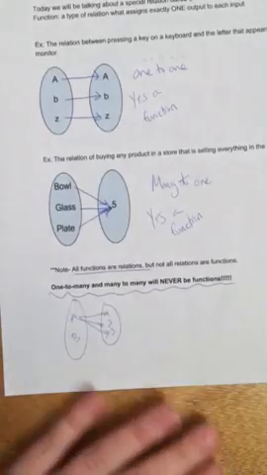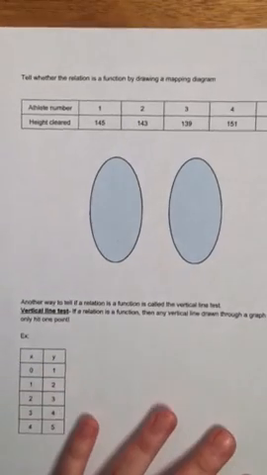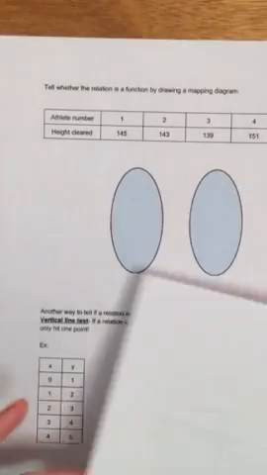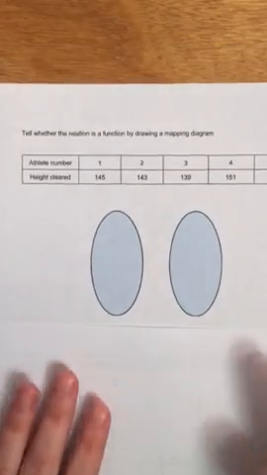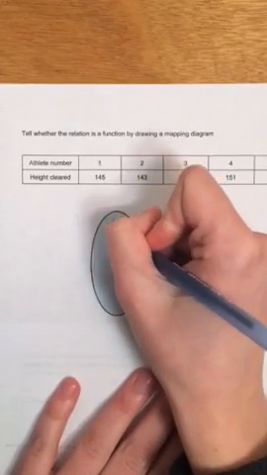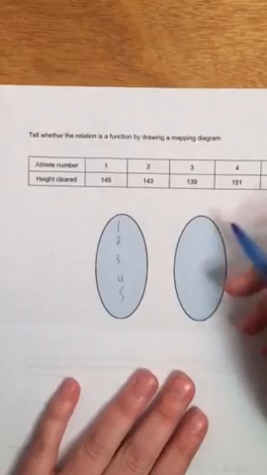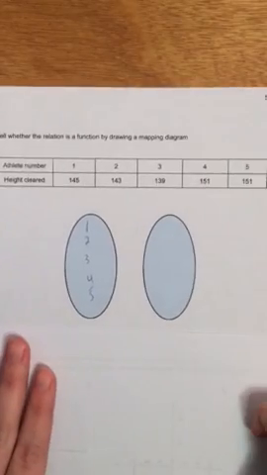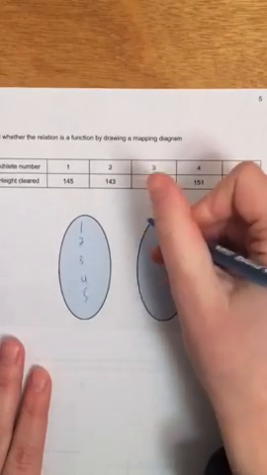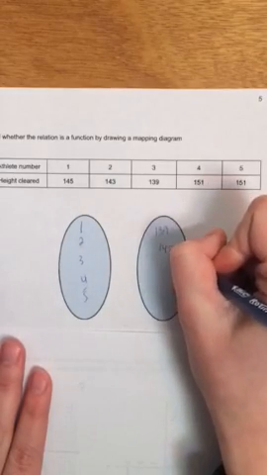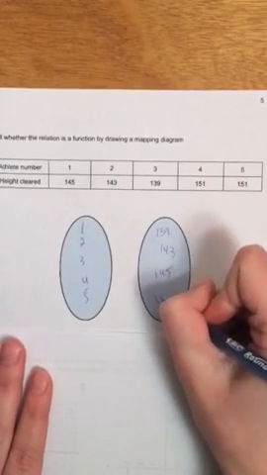Let's decide, if I give you some of these, whether it's a function or not. They give me an athlete number, so I have 1, 2, 3, 4, 5. Remember, you never want your inputs to repeat. I'm going to put the outputs in order from least to greatest: 139, 143, 145, and 151.